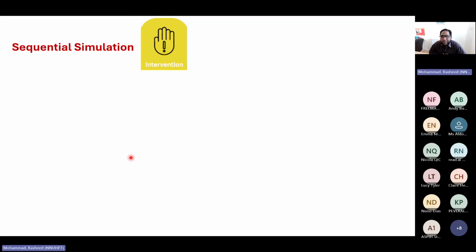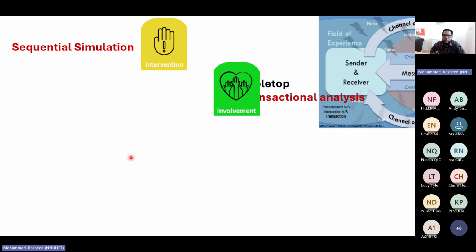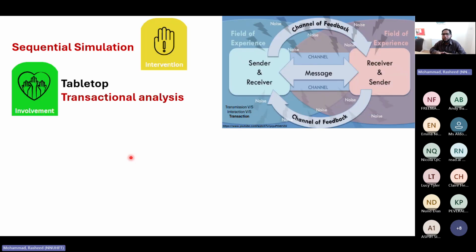So what we did so far is that we used sequential simulation to understand the clinical process and to intervene in it. We conducted tabletop simulations involving the mental health volunteers who very frequently are in the quiet rooms where these mental health patients are.